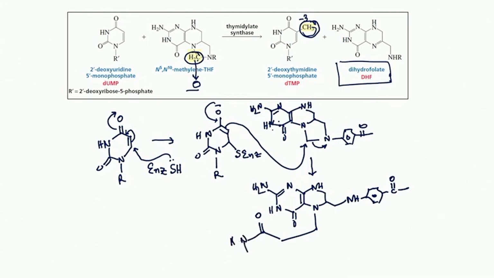NH, this is double bond O, this is N, R, and this is NR. So, this is double bond O. So, you have a hydrogen here, and your enzyme is hooked up at this position. Okay. 1, 2, 3, 4, 5, 6. So, this is the 6th position. So, at the 6th carbon, the enzyme with the help of sulfur is linked, a carbon-sulfur bond.